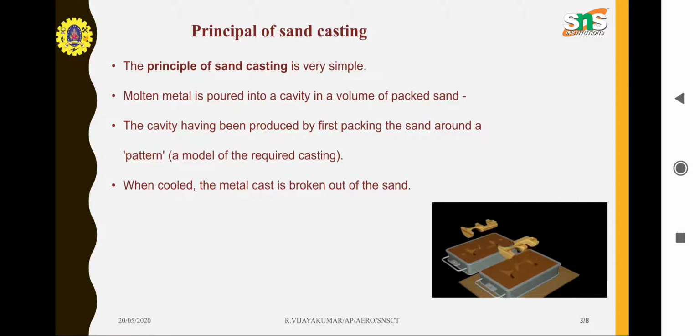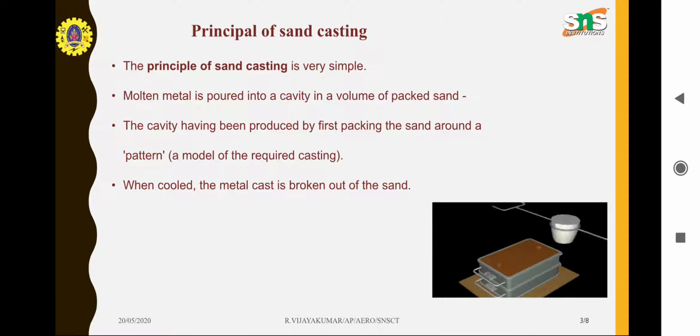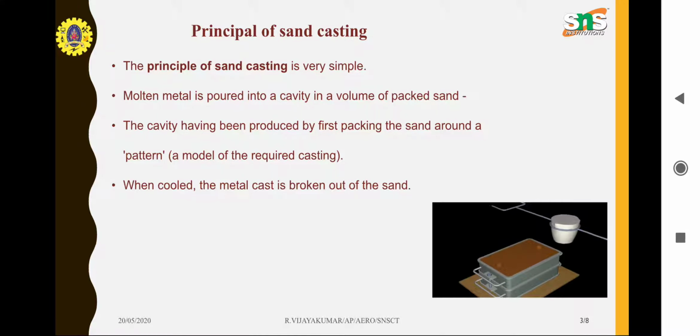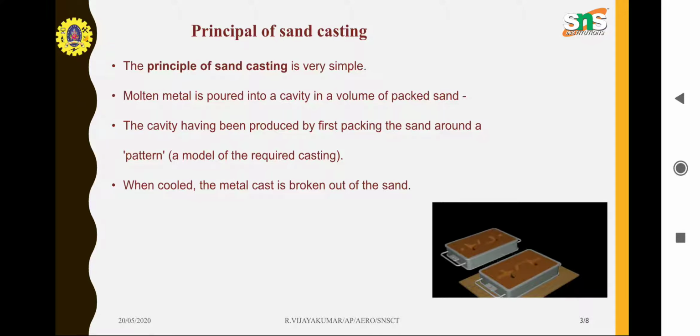There will be a box-like structure which we fill with sand, and in the center we place a mold. The cavity is produced by first packing the sand around a pattern, and when cooled, the metal cast is broken out of the sand. It is very simple. As a short GIF image, you can understand the principle of sand casting very well.